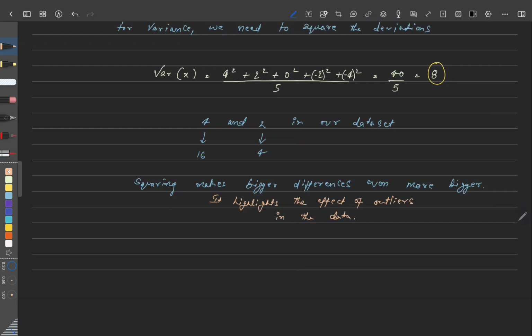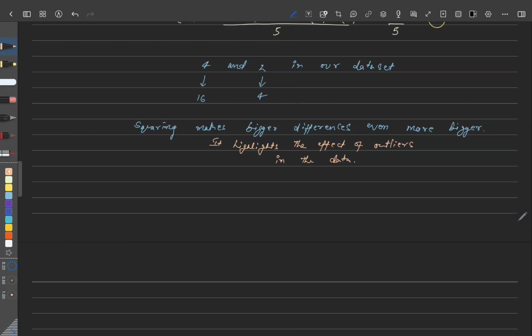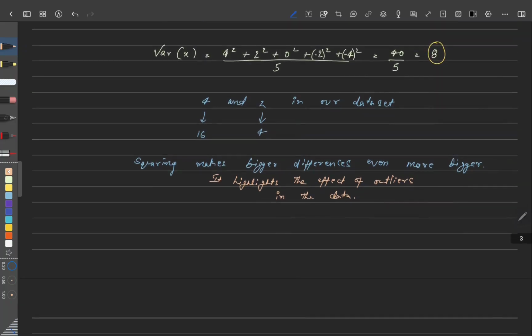Now let us understand what the value of 8 means compared to the value of 2.4. We squared the deviations, found the mean of squared deviations, so we found the variance, but what does it actually mean? When we talk about mean deviation, we understood what it actually means with respect to the data set. But what does variance mean?